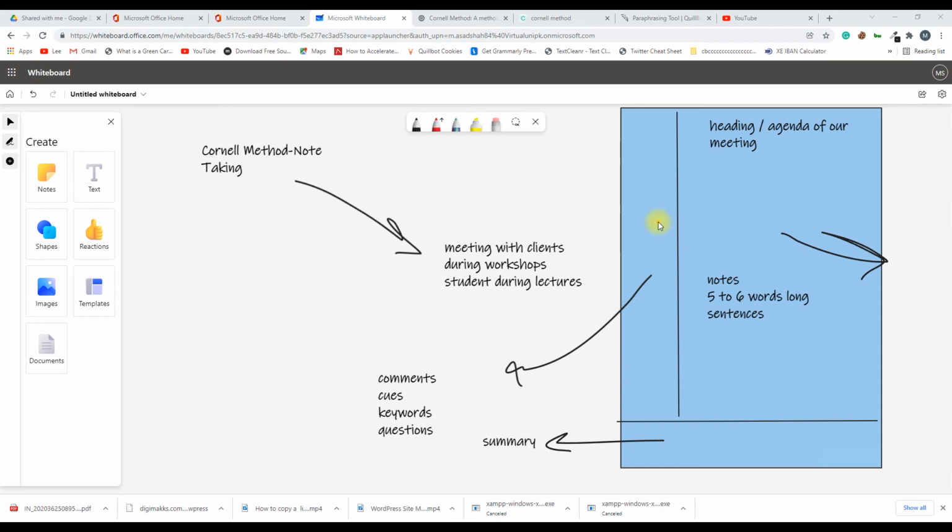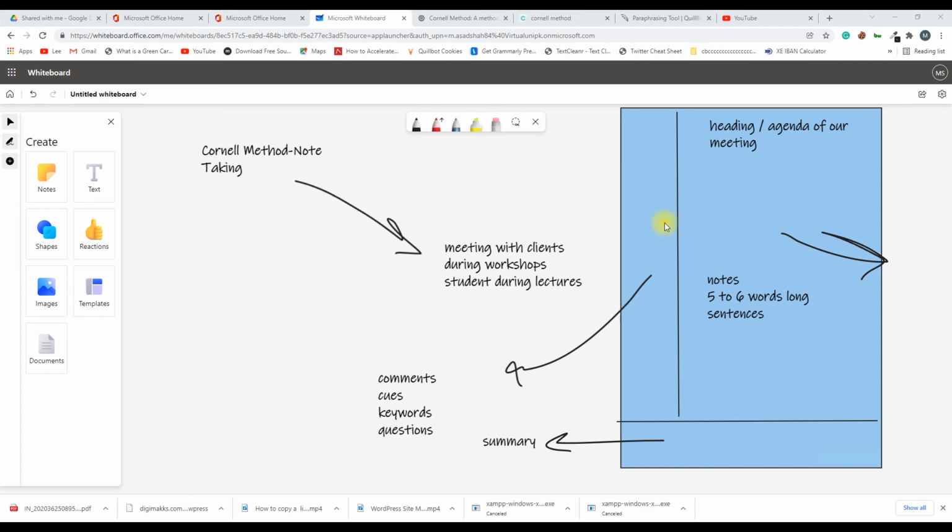This is the third step, where we reflect and find out what is the importance of these notes that I have taken, what are the practical applications of these points that I have written, what different principles they are based on, and how can I fit this in a bigger picture.